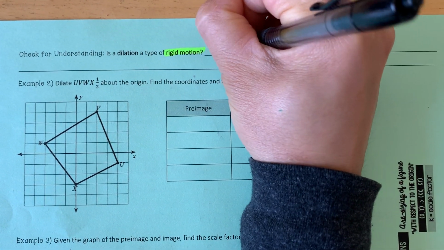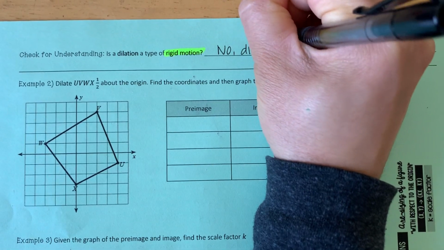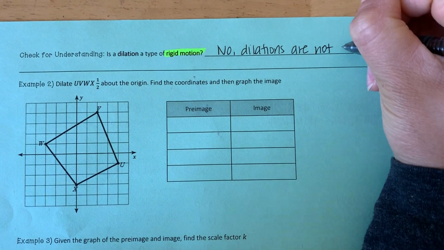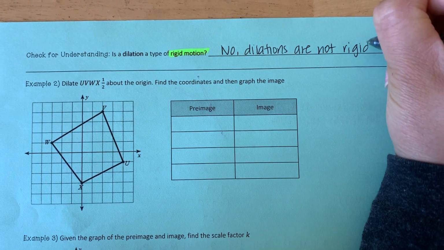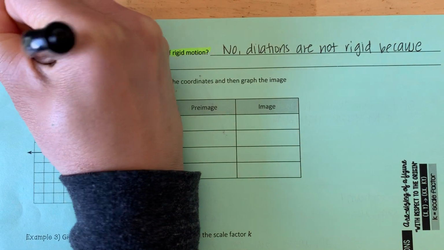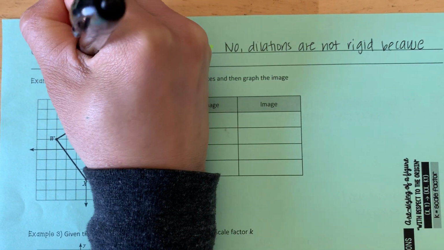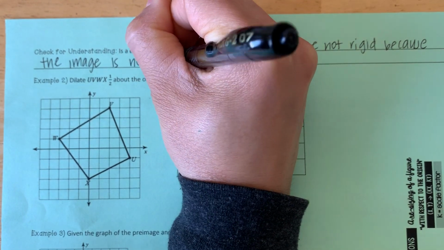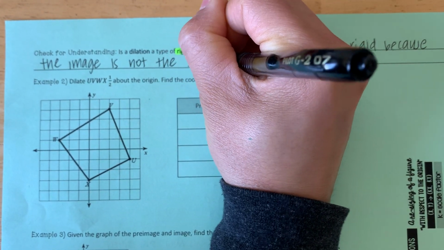So no, dilations are not rigid because the image is not the same size.